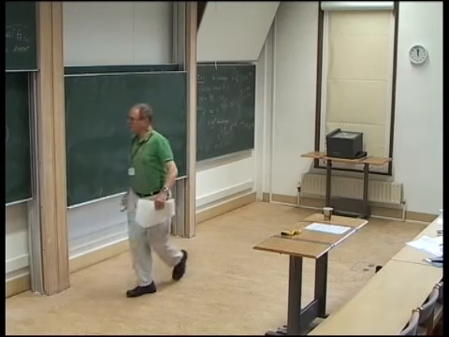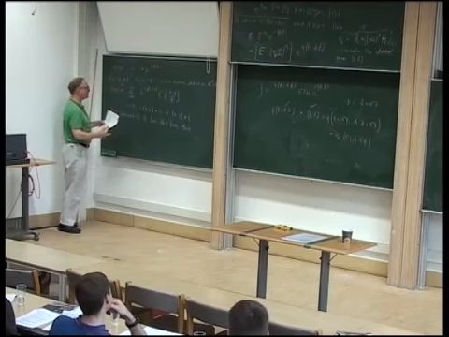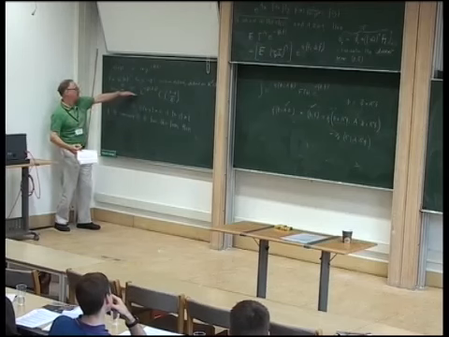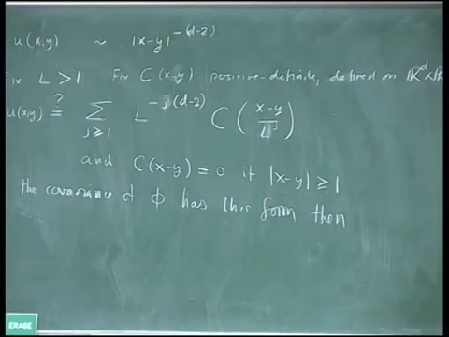I want to deduce from this, assuming the U has this structure, what can you say about the nature of the field phi? This is quite nice, I think.